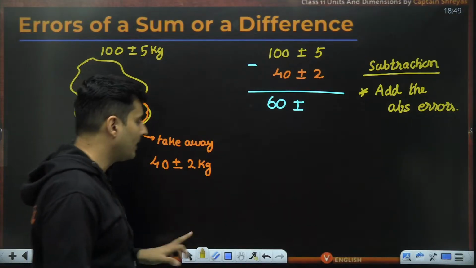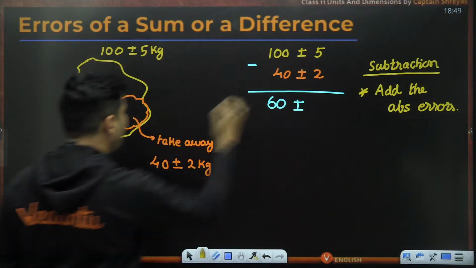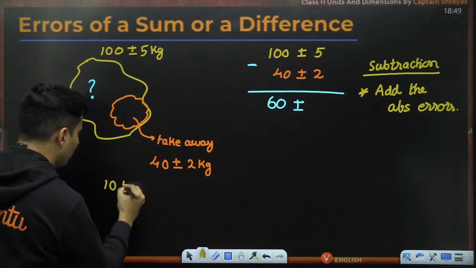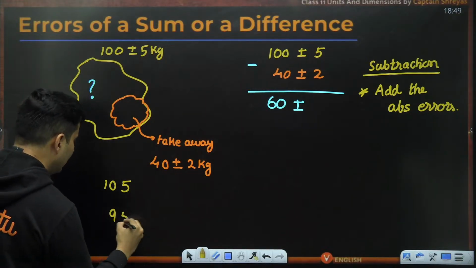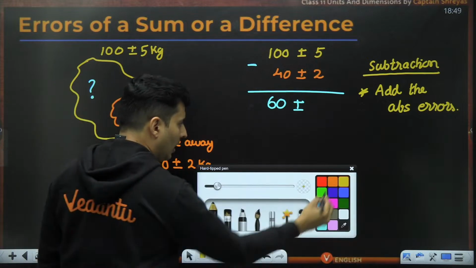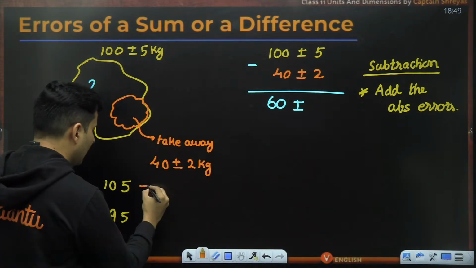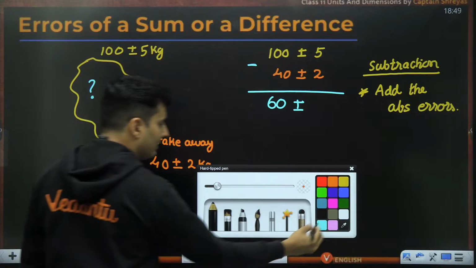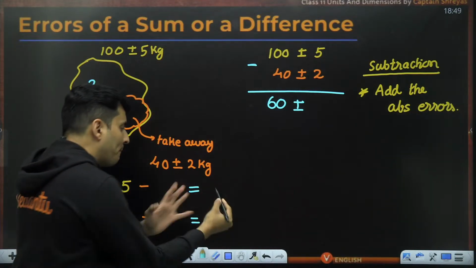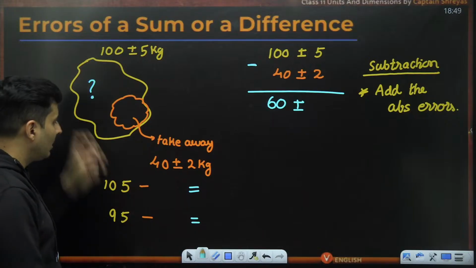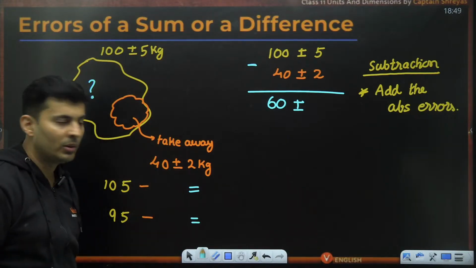Just imagine we had 105 kilos, that's the maximum value possible, or the least is 95 kilos. From that, I need to subtract something and I will get something over here. So when can I get the maximum amount left and when can I get the minimum amount left?